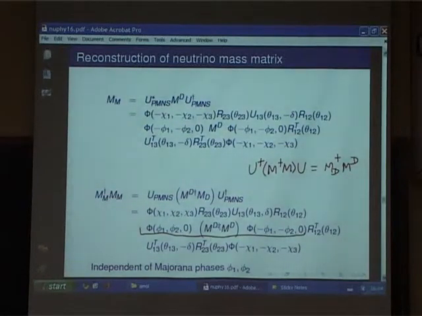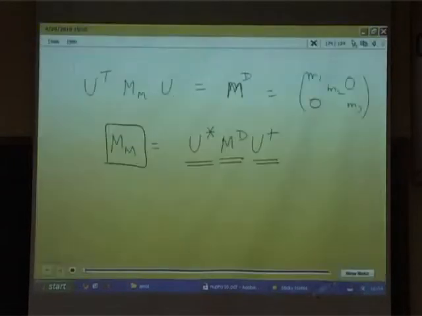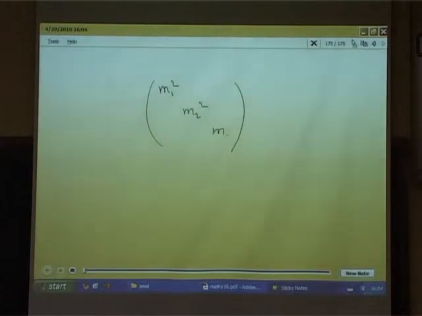MD dagger MD is a diagonal matrix. So what am I doing? I am multiplying on the left by a matrix like this. So I have a diagonal matrix: M1 square, M2 square, M3 square.